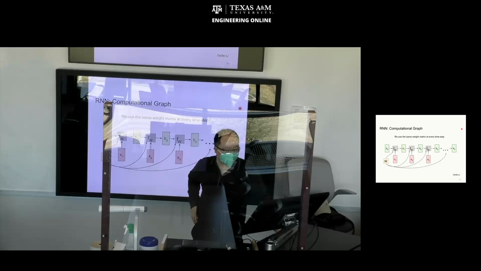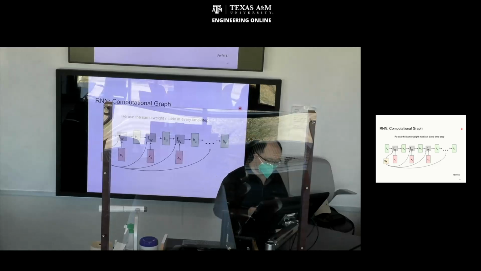And now let's remind ourselves, we learned in the last lecture the computation graph for both forward and backward propagation. So what's a computational graph? If you look at this one, we start with x1 and a hidden state at time 0. We put both of them into this F_W, and then we get h1.